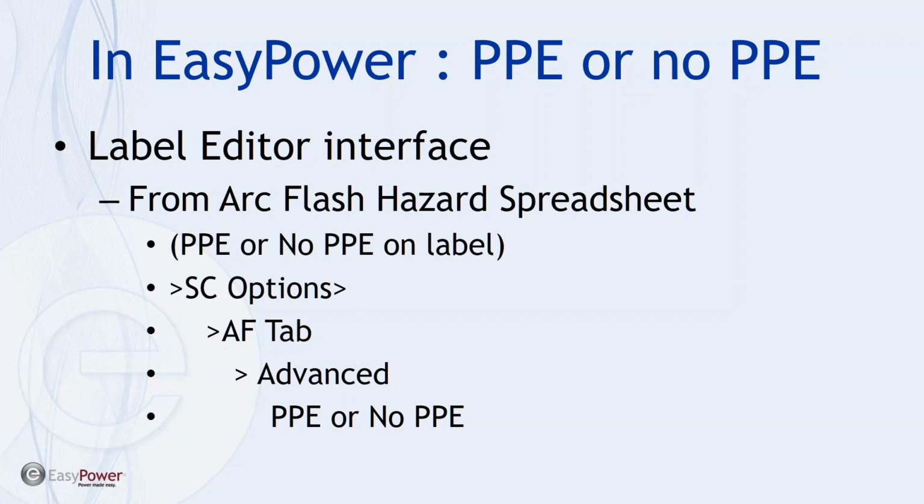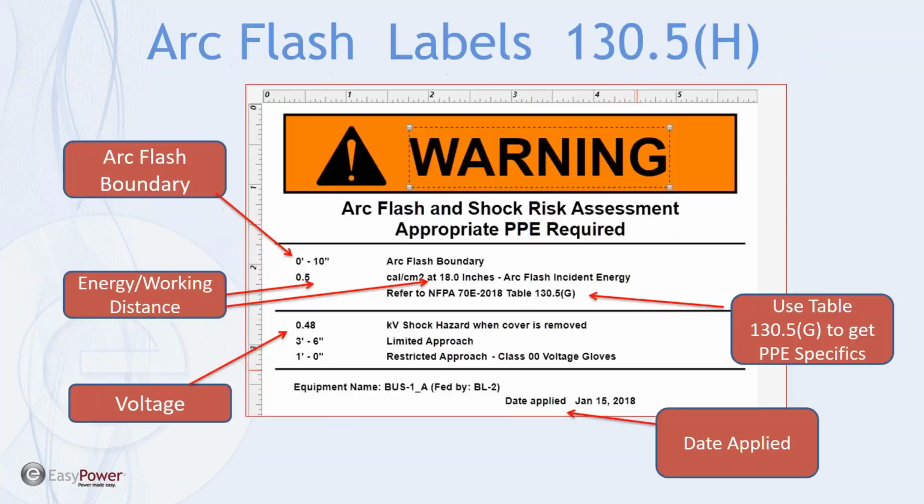The label editor allows us to include that, and it's a special checkbox inside the arc flash controls, and I'll touch on that as we get into the tools. So again, it is possible to put it on there, and that's all I'm going to say about that.